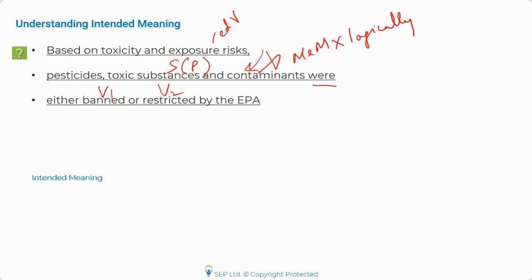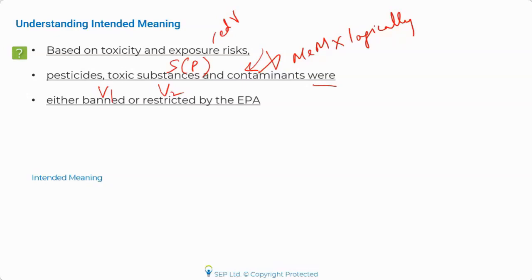EPA must be some organization which did the banning. And then now I'm going to try to connect it back to the previous part, to this part here. So now I'm thinking, okay, now I understand. The EPA must have banned these substances on the basis of toxicity. So whatever was the toxic level of the pesticides, on the basis of that level and on the basis of the exposure risk, the EPA must have banned these pesticides. That is what is the meaning.